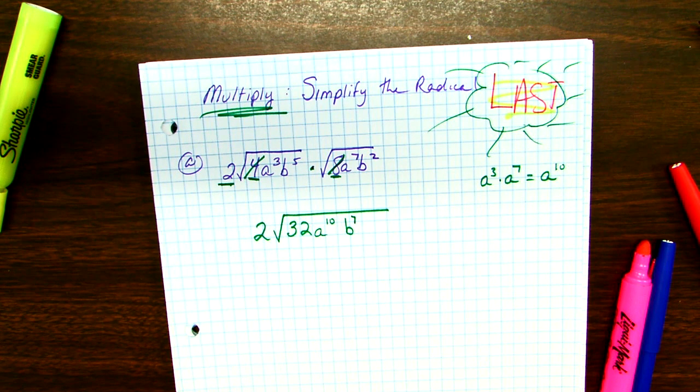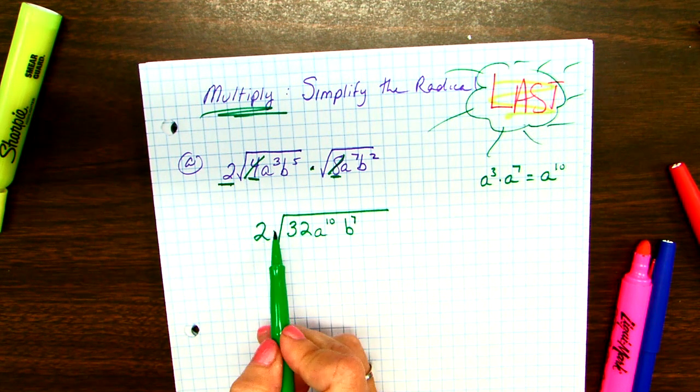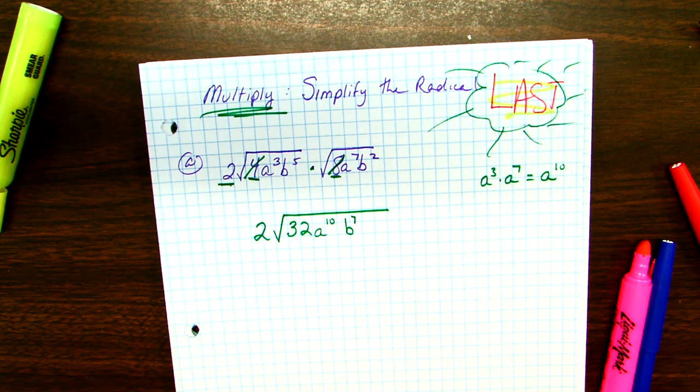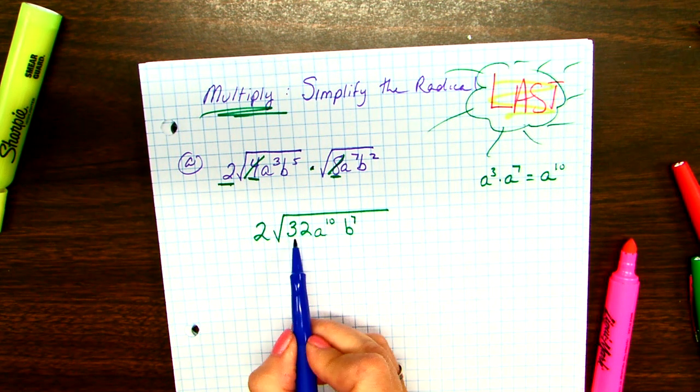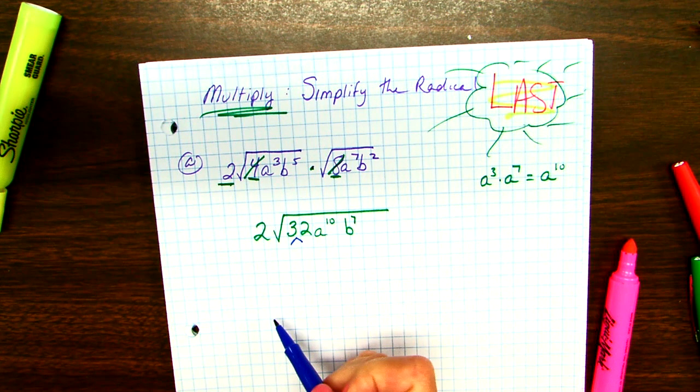Now we just simplify it, the way we simplified yesterday on the other problems. We're in the square root list, right? 1, 4, 9, and so on. So we have to come up with a number that goes into 32 that's in the square root list. 16. Why didn't you use 8? Why didn't you use 4, Mariana?